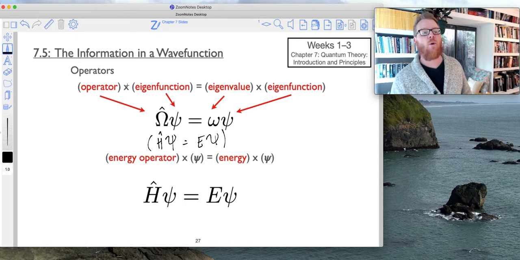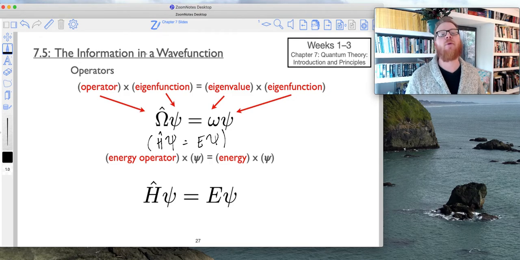The operator operates on the eigenfunction, and what we get out of it is the eigenvalue and the original wave function. And of course, if we used the Hamiltonian total energy operator, then the eigenvalue we get out is the energy. So the energy operator operates on psi and returns energy.